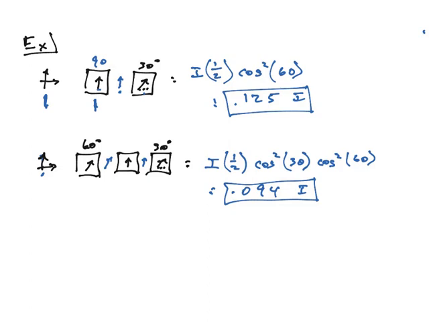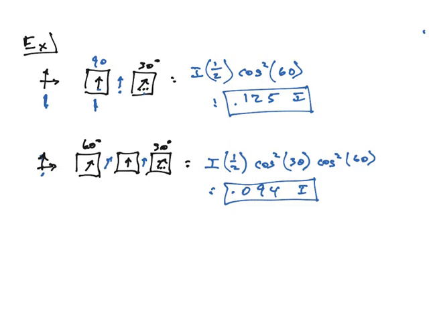If you're not unpolarized to begin with, you're polarized in a certain direction. In that case, the very first filter, you get a cosine squared. The angle for the cosine squareds is not what angle is the filter. The angle is what angle are you starting at currently, not at the very beginning of the problem.